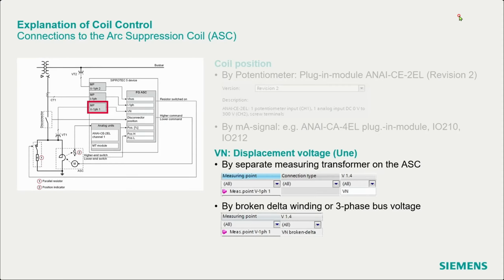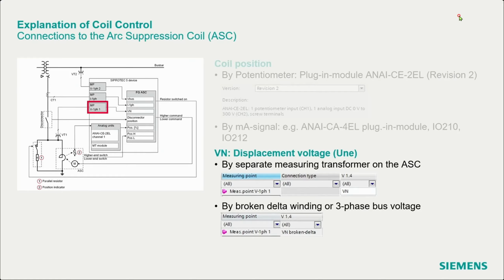We can get that directly from the measurement winding of the arc suppression coil, so then we would parameterize that we measure it directly, or we could get it from a broken delta winding. Or from the newest version on, we also can get it from a free phase measurement.